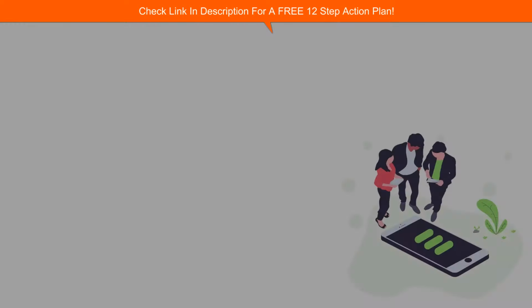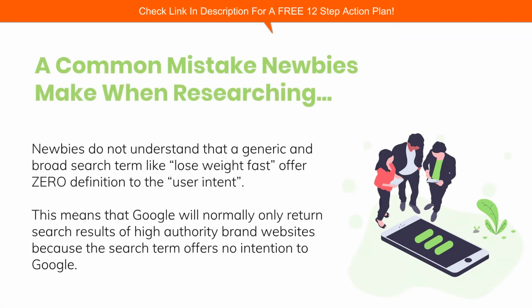But this is actually false, because if you actually consider the lose weight keyword, newbies never understand that there is no intent behind that phrase, right? There's zero definition for Google to decipher what people are looking for. Yes, they are looking to lose weight fast, but there's no specifics involved, such as age, gender, location, what diet, how, where, what, when, okay?